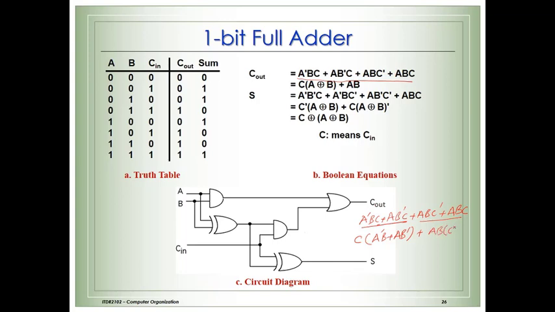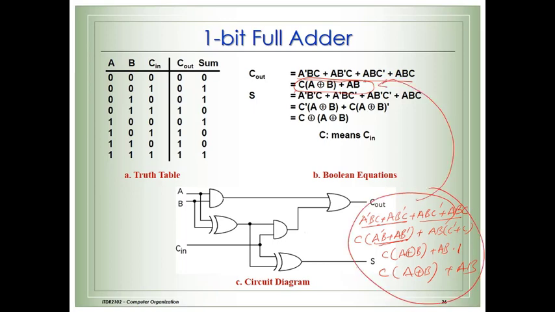So AB (C naught plus C), and you know that this is equivalent to A exclusive OR B, and C naught OR C will be reduced to 1. So this is finally C (A exclusive OR B) OR AB, means this one we got after this simplification, right?